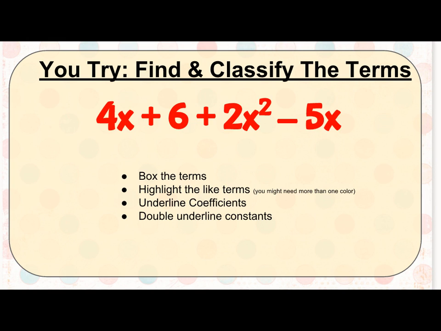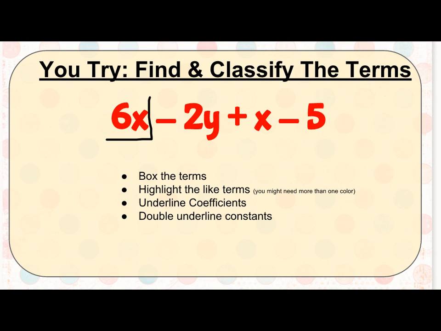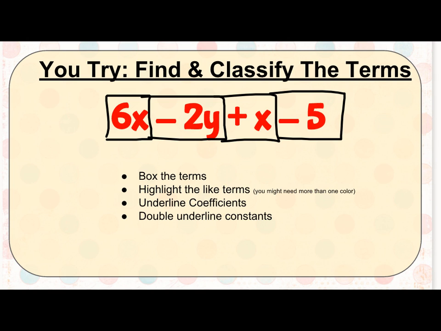And then I think this was the last, no, we had 2 more examples. We had this example where we boxed up those terms. We said the like terms was a 6x and the x. And then those were really the only like terms that we have. There were no y's to match and there were no other constants. So that was it for like terms. The coefficients, there are 3 variables here. So there has to be 3 coefficients.